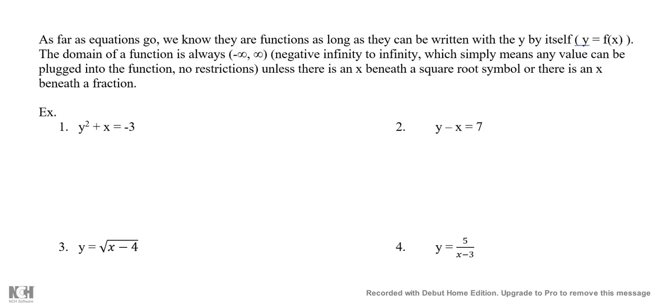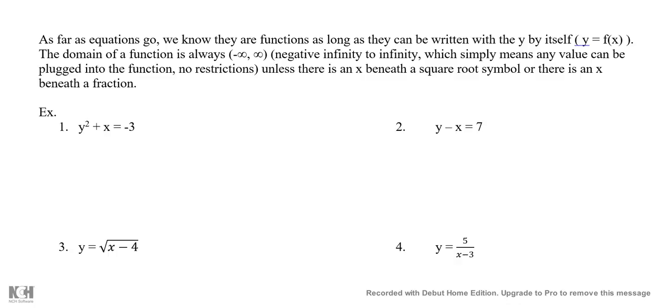For equations, when we're looking to see if they're functions, we want to be able to write y by itself. In other words, y equals f of x. The main thing that keeps us from doing that is when we have to take the square root to get rid of a square on y, or any even power of y, because when we take a root to get rid of an even power, we have to deal with the fact that positives or negatives fit in that.